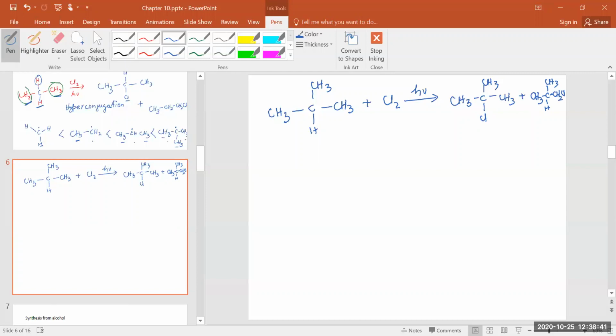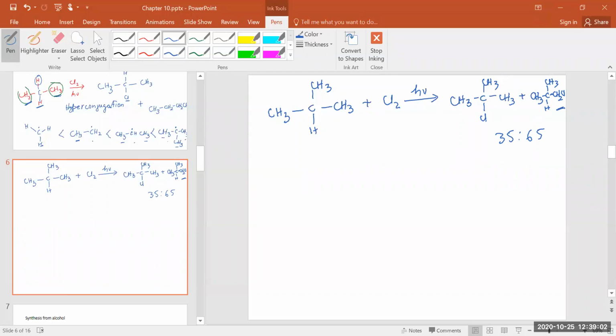It has been found that they form in a 35 to 65 ratio: 65% is 1-chloro-2-methylpropane and 35% is 2-chloro-2-methylpropane.